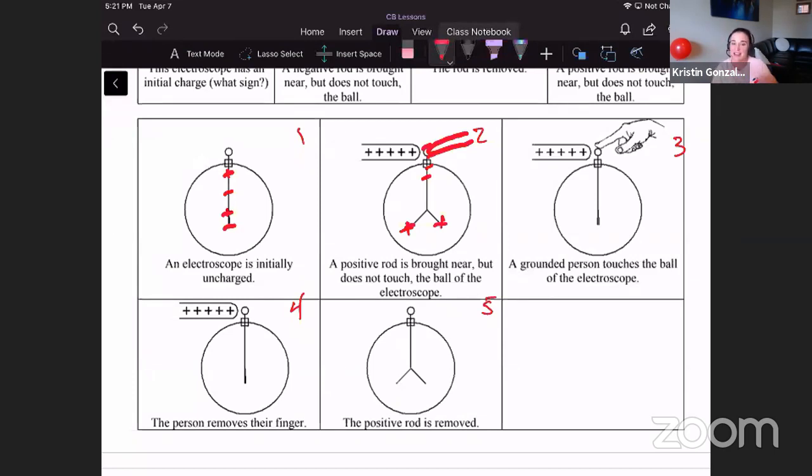Those electrons are attracted to that, so that gives a path for electrons to enter into the electroscope. So now we have electrons on here. If I take my finger away, I have more electrons, but they're still built up close to the top. But when I take my finger away, we have a net negative charge left on the electroscope. Okay, so again, we have charged it by induction by touching that sphere when that positively charged rod is close to it.